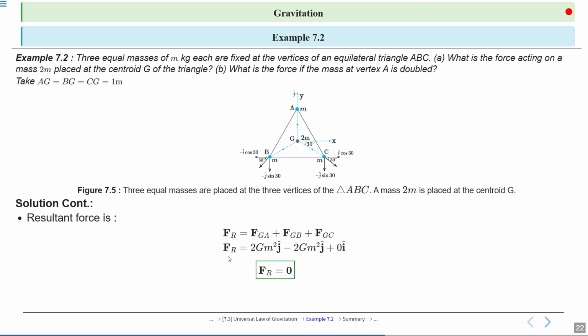So FR equal to 0. This means that the forces from the three vertices perfectly balance each other out at the centroid, resulting in no net force on the mass 2m. This is important to understand the resolution of forces.